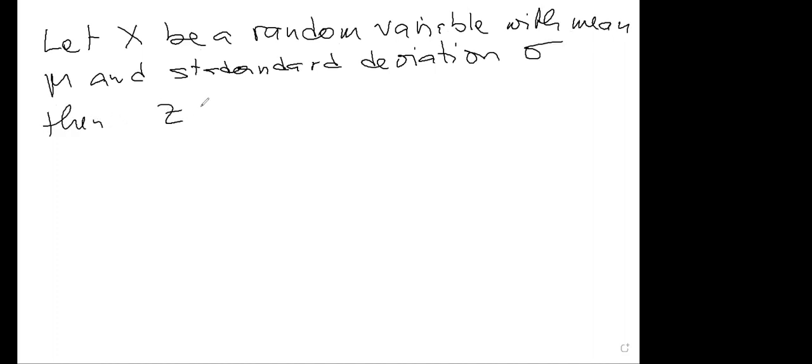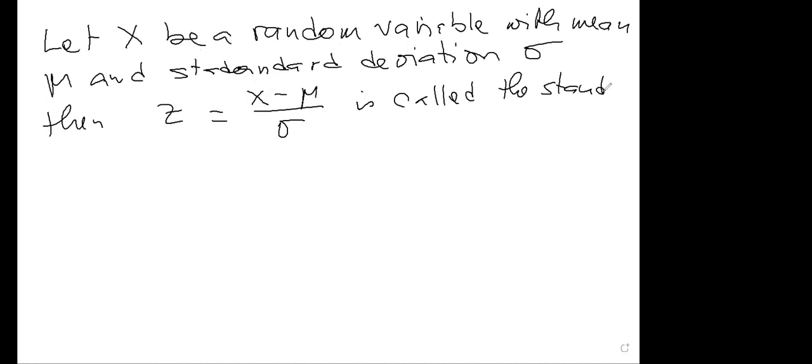Then z equal to x minus mu over sigma is called the standard score of x.